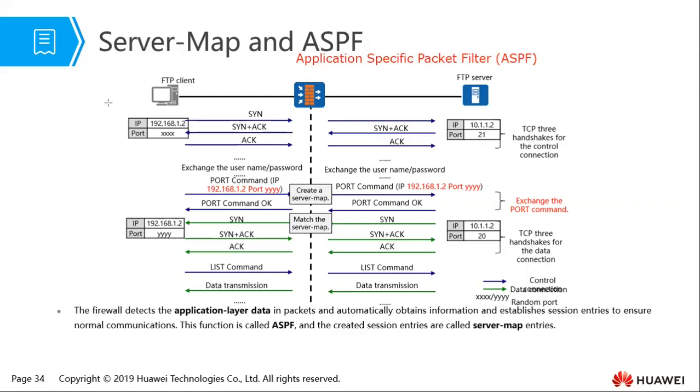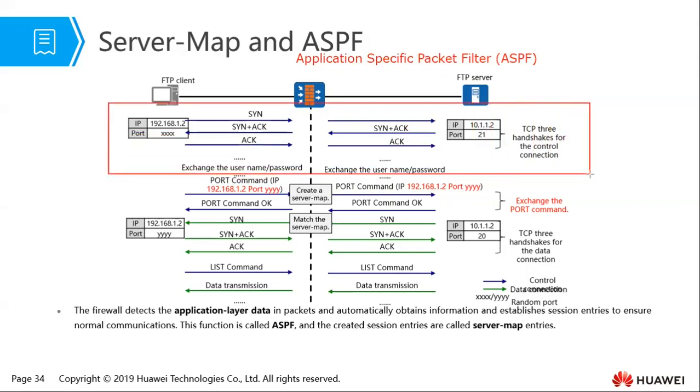So, as we said, we have the control connection there to set up the TCP connection. Then here we have the data connection so that we can exchange data. Now, this side will generate a random port number.